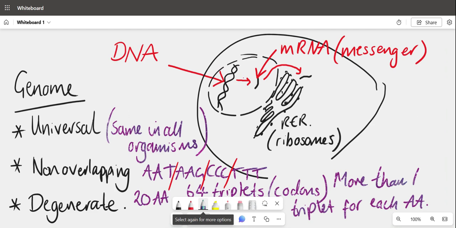Now, the process of making that mRNA is called transcription. And the process of using this mRNA to make a protein is called translation. And they're the two processes that we need to look at, transcription and translation.